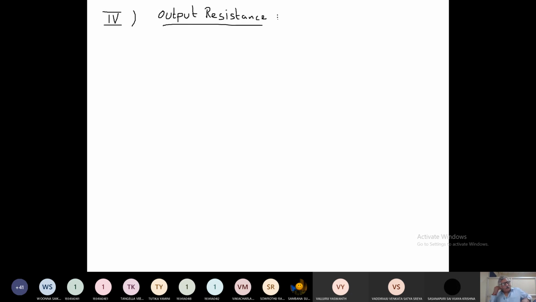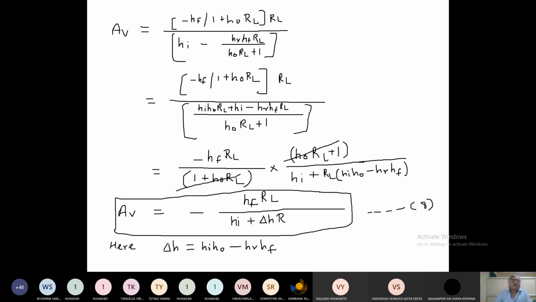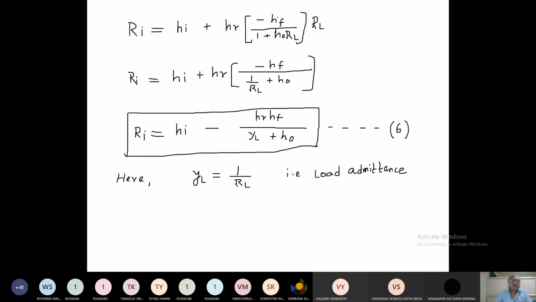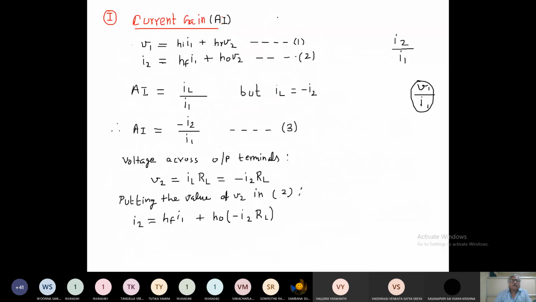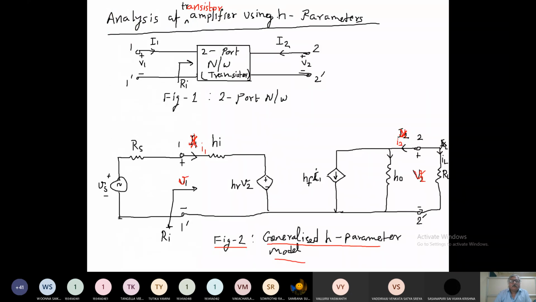Right. Now for the output resistance, you see here, when we calculated the input resistance, we were standing here, looking inside the circuit.